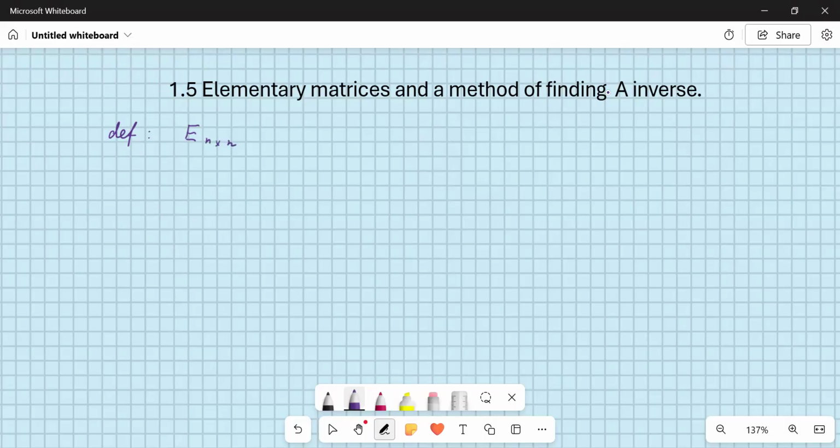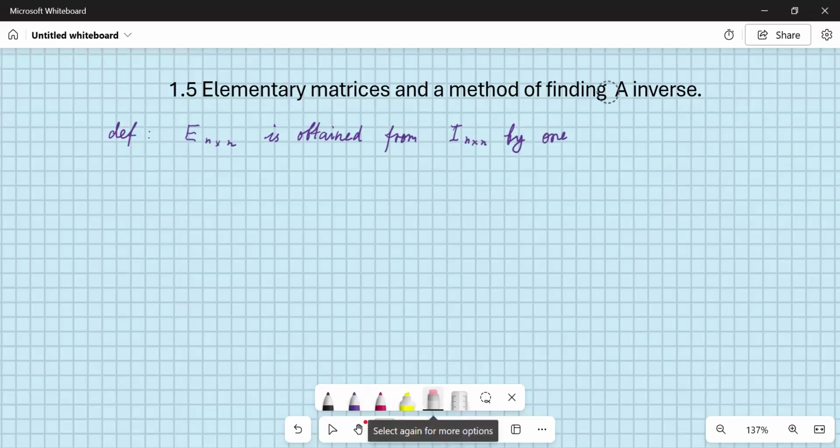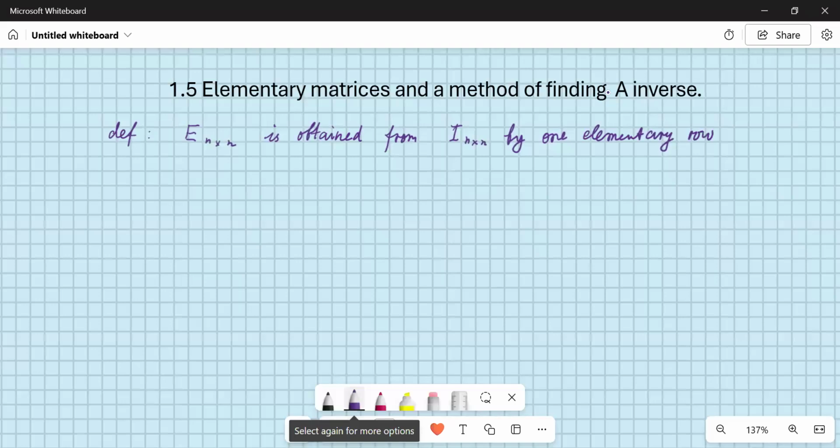And an elementary matrix can be obtained from the identity matrix of the same size by one elementary row operation.